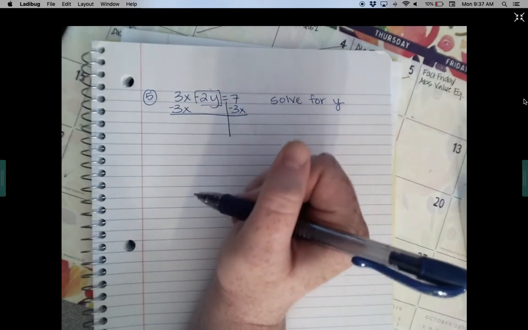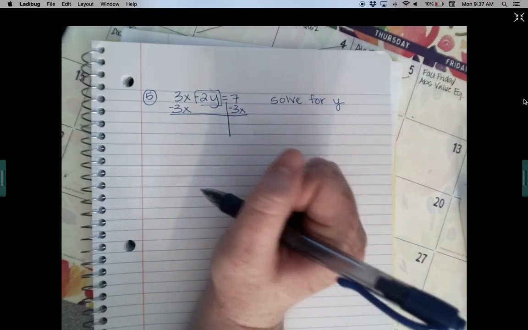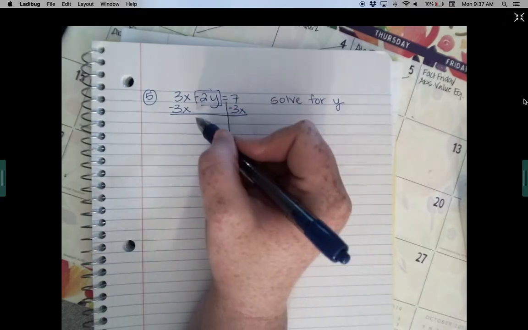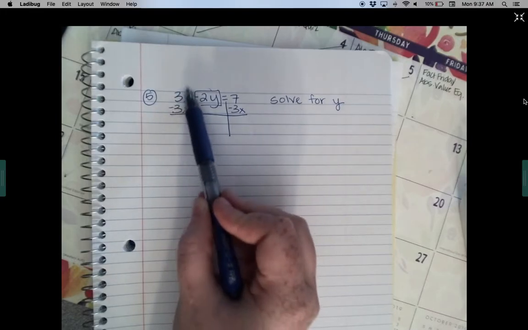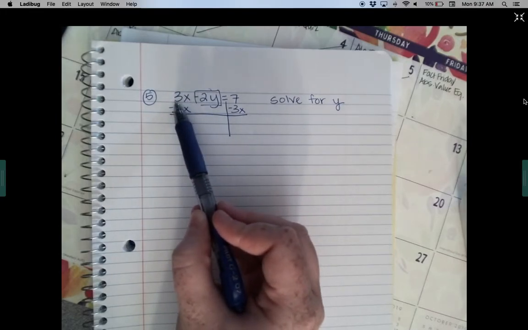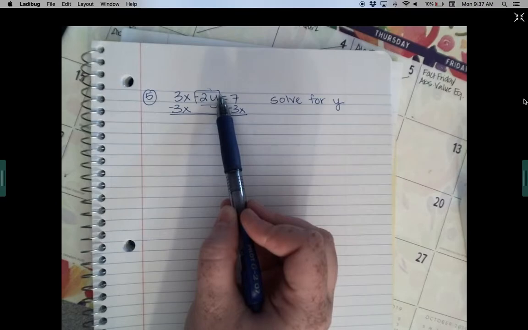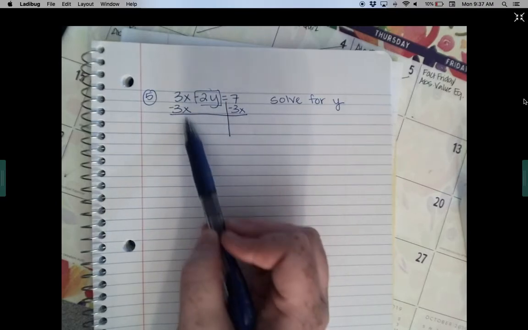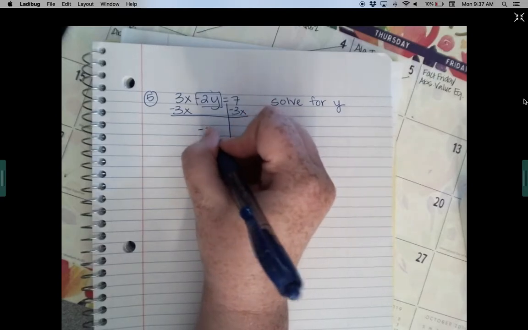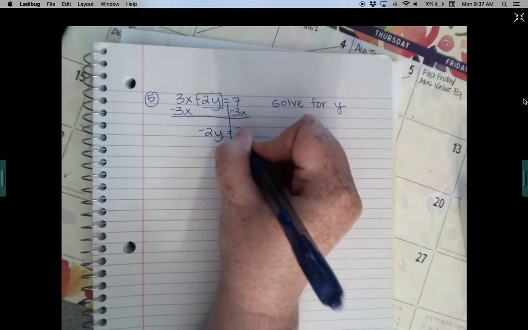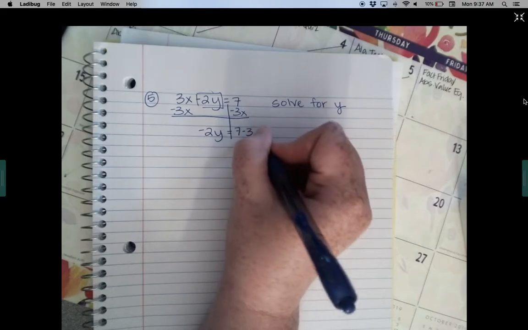Okay, the side conversation needs to stop. I have a 3x and then I have a -2y. The 3x is not being multiplied by the y. 3 and x are being multiplied, but not by the y. So I'm not going to divide them, I'm going to take them away. I'm subtracting them. So now on this side I have -2y equals 7 minus 3x.